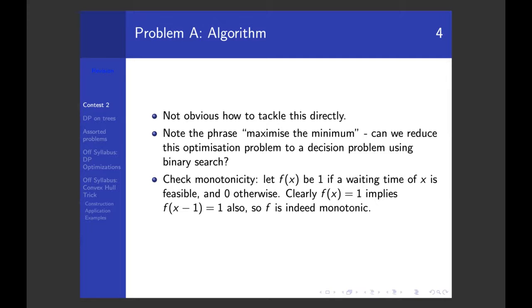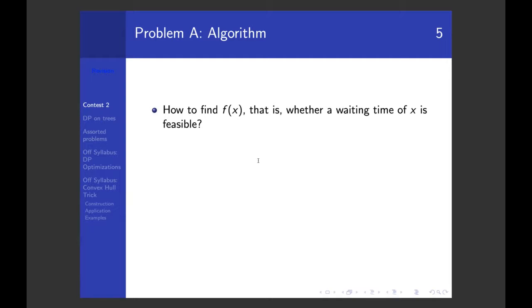So the function of can we wait at least x minutes at every station or city is a monotonic function, which means if we have a way of checking it, then we can apply our binary search. Then the thing to think about when tackling binary search problems is the decision problem. Is checking can we wait at least X minutes at every station easier? It isn't always easier, but in this case, it is.